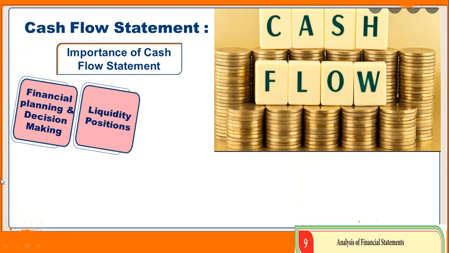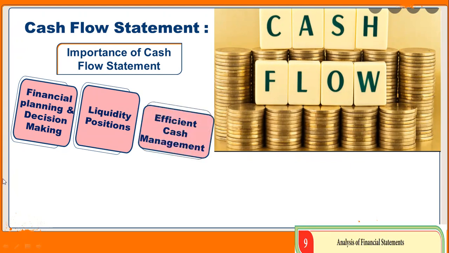Second, liquidity position. Analysis of liquidity is important to show the ability of the business to pay its current liabilities. Third, efficient cash management. It gives information to decide on short-term investment of surplus and arrange short-term credit of deficit.